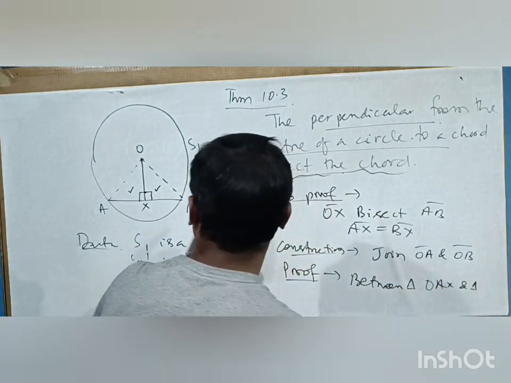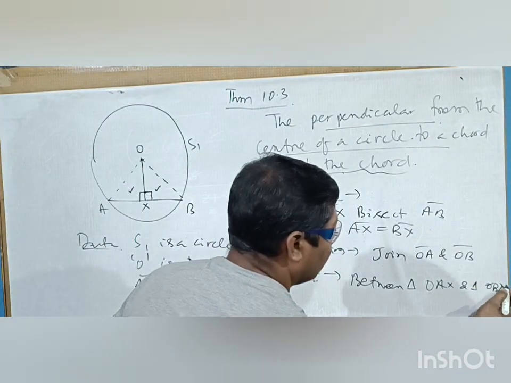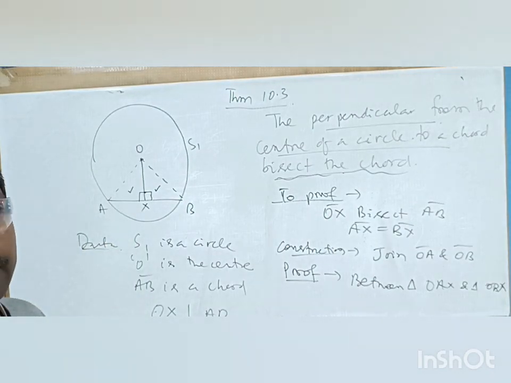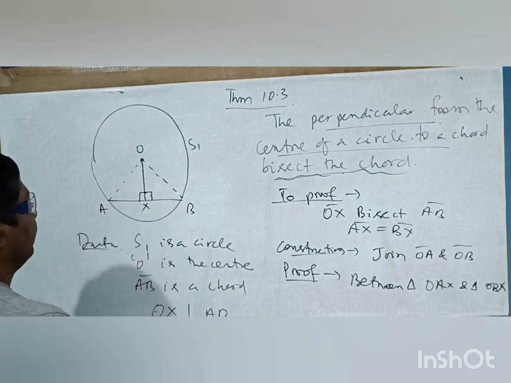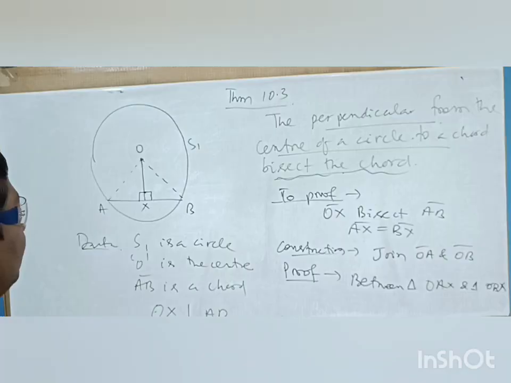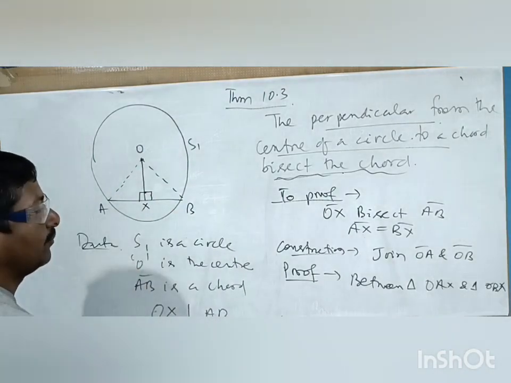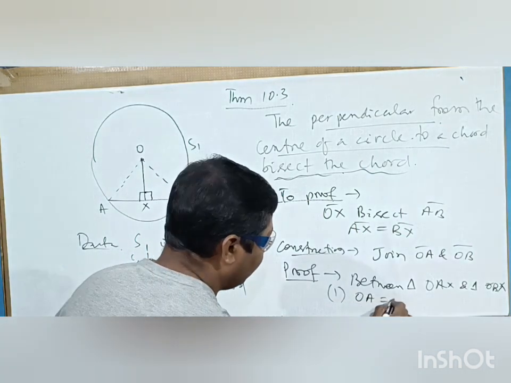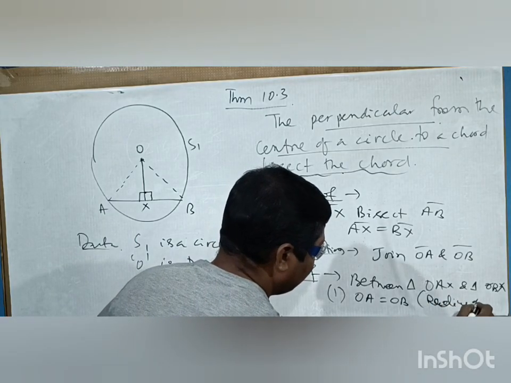and triangle OBX, see, what are the 3 conditions to make them congruent? The first one, you have to only search for it. It is already present in the figure. So OA equal to OB, radius of the same circle. You have to write down here radius of same circle.